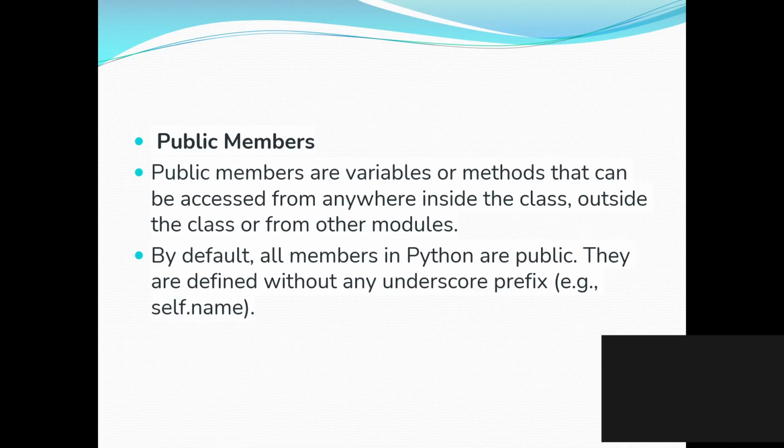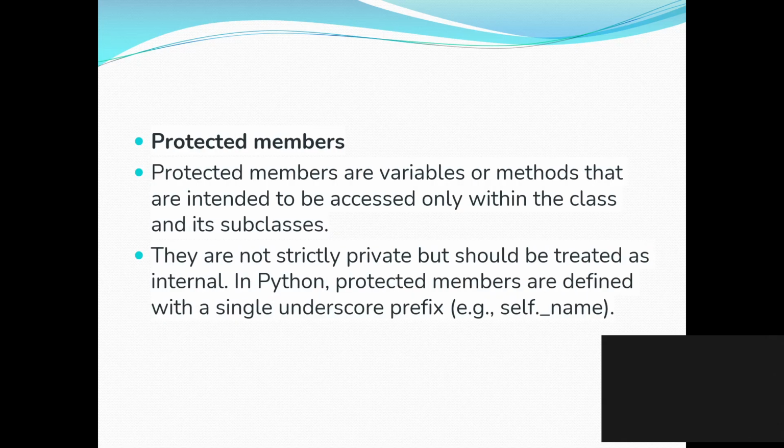So what are public members? Public members are the variables or methods that can be accessed from anywhere inside the class or outside the class from other modules. By default, all the members in Python are public. They are defined without any underscore prefix. We already discussed public members, so let's move to the protected members. It's the new one, okay?